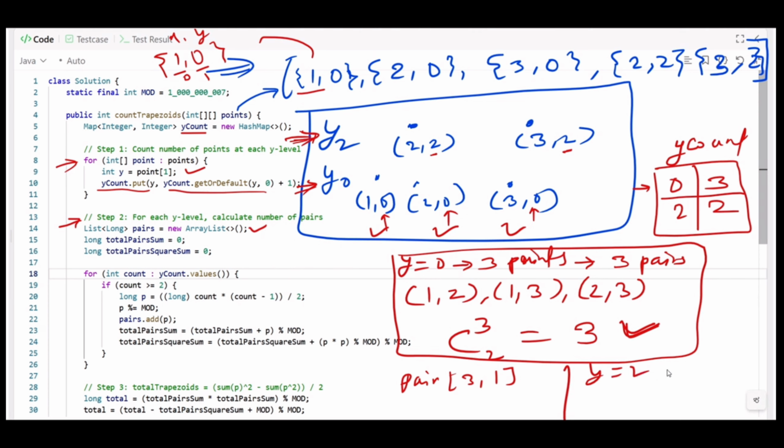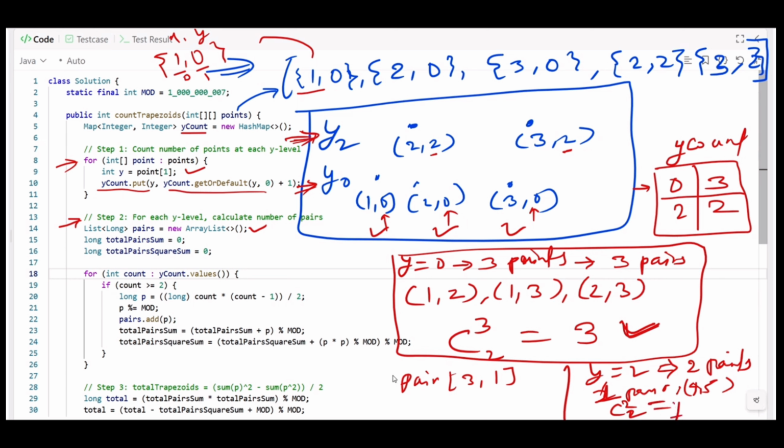So how many pairs will there be? 1 pair. What is the pair? Let's suppose 4 5. So we'll get 2 C 2, which gives us the value 1.